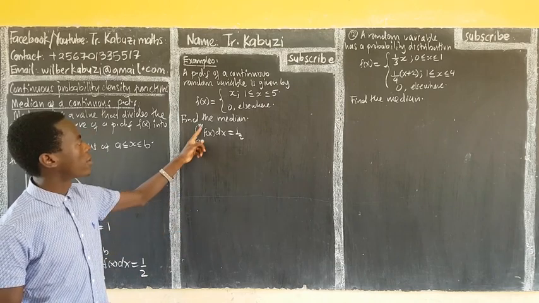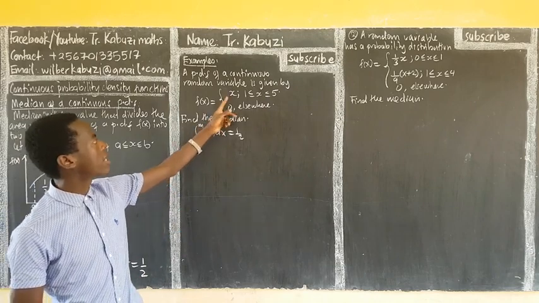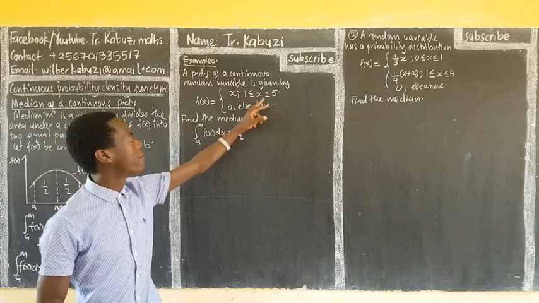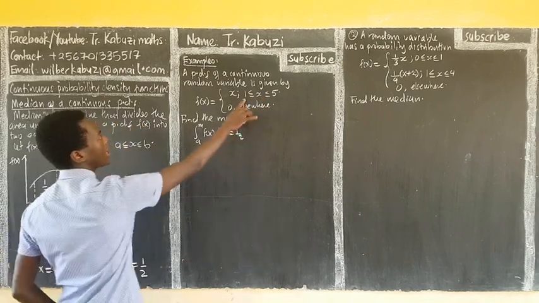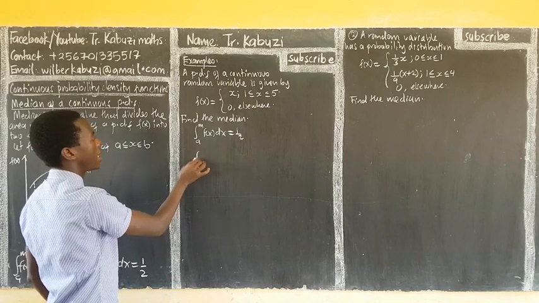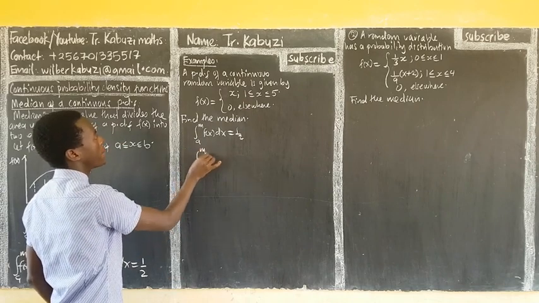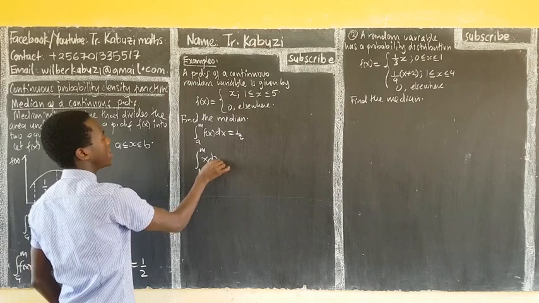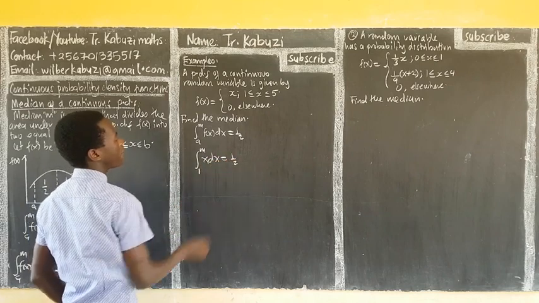So we are looking for the value of m. Our f of x is x for this interval, meaning the lower limit is 1. So we integrate from 1 up to m of x dx, and it should give us a half.